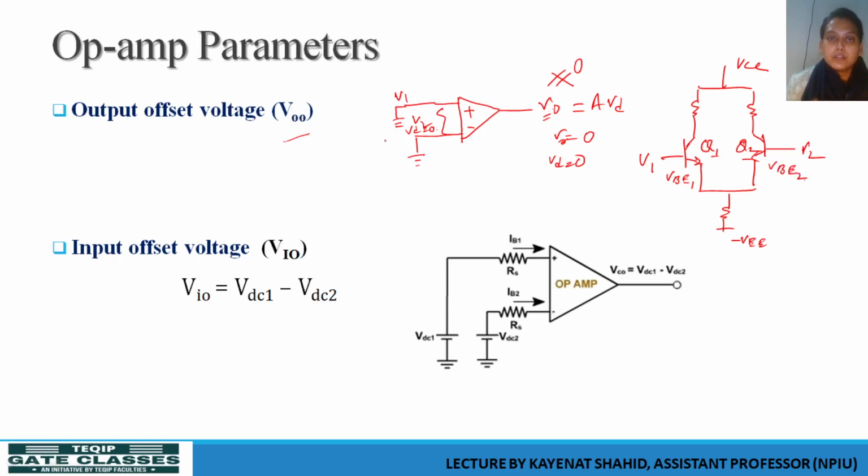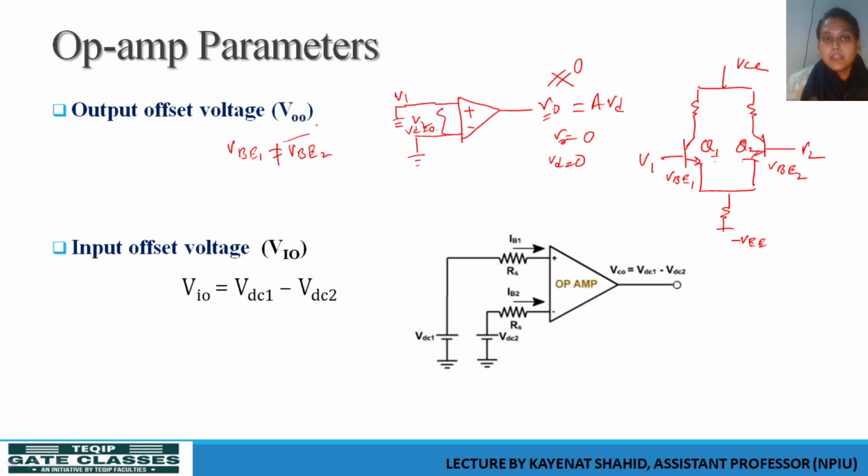Because of the slight mismatch between the two transistors Q1 and Q2, VBE1 will not be equal to VBE2, hence it will create a certain voltage at the output. So the reason we are getting output offset voltage is the mismatch of the two transistors in the differential amplifier.